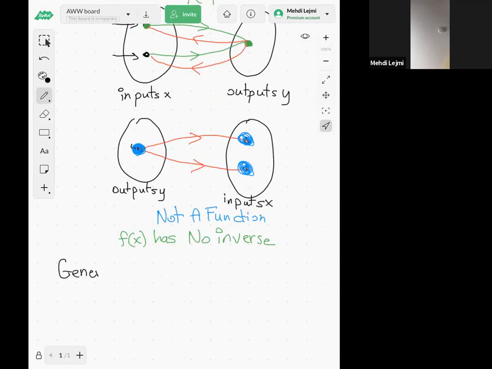So in general, if two inputs x have the same output, the same output y, then f of x has no inverse. Sorry, there are messages in the chat. I didn't see them.